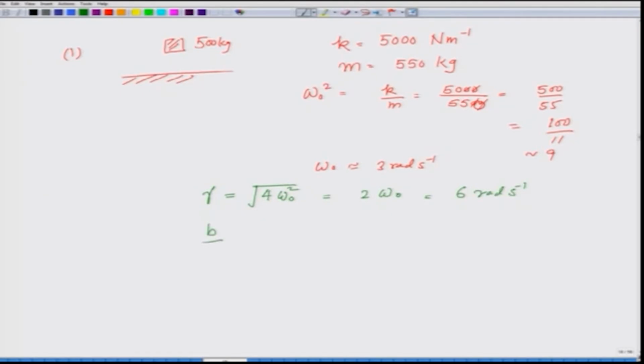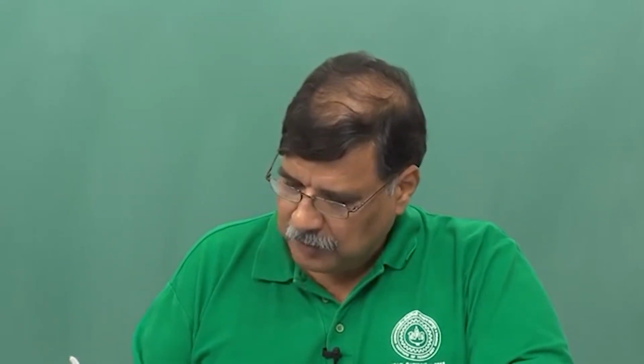So, B over m is equal to gamma, which implies B for the system is going to be 6 times 550 kgs, which is 3300 kg radians per second. This B is given for the system, it is fixed, just like K of the spring is fixed, B is also fixed. It is the mass that changes the omega or the gamma.